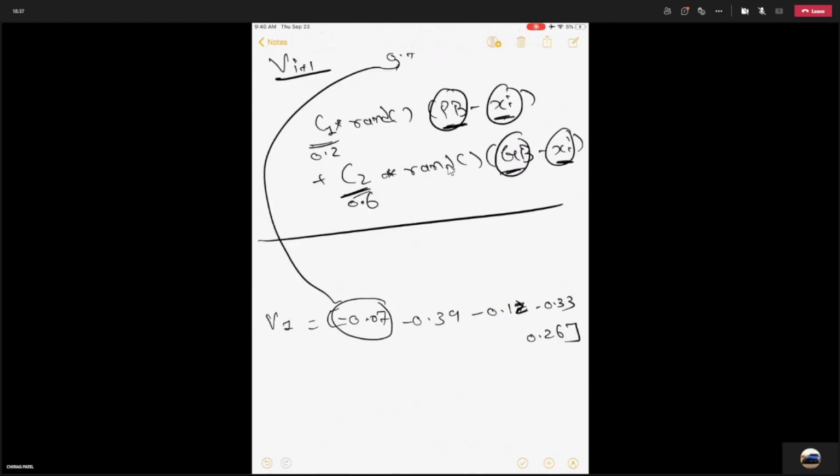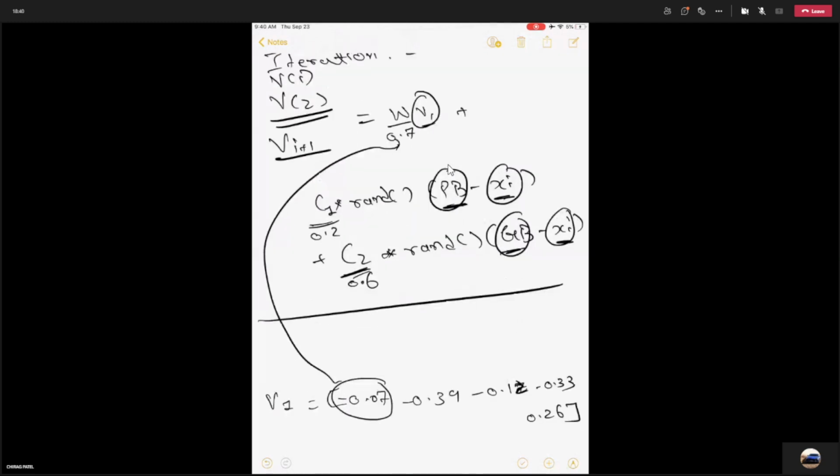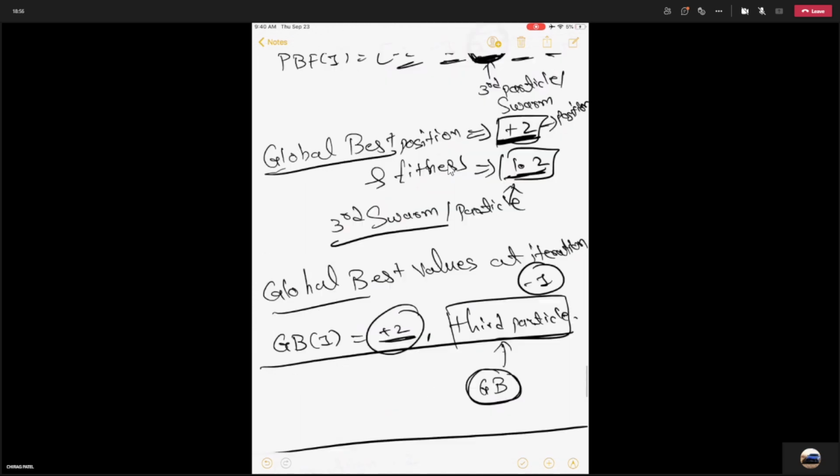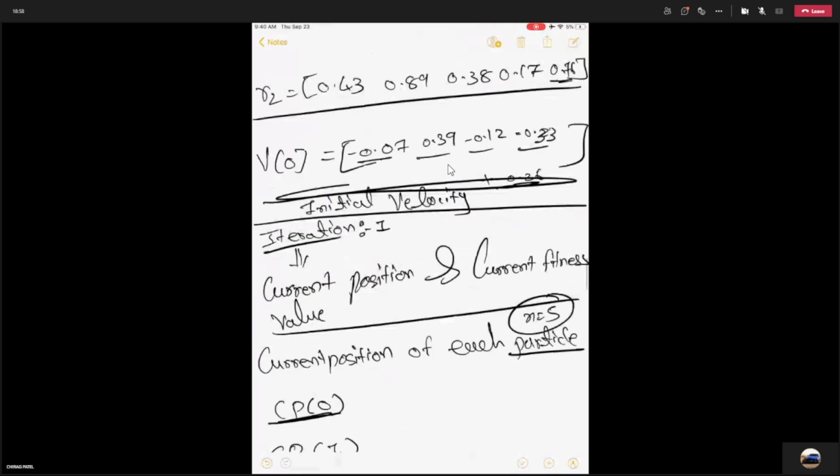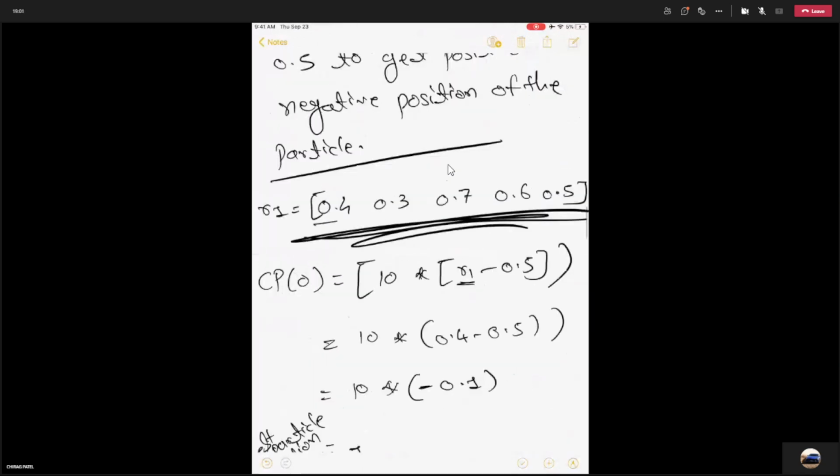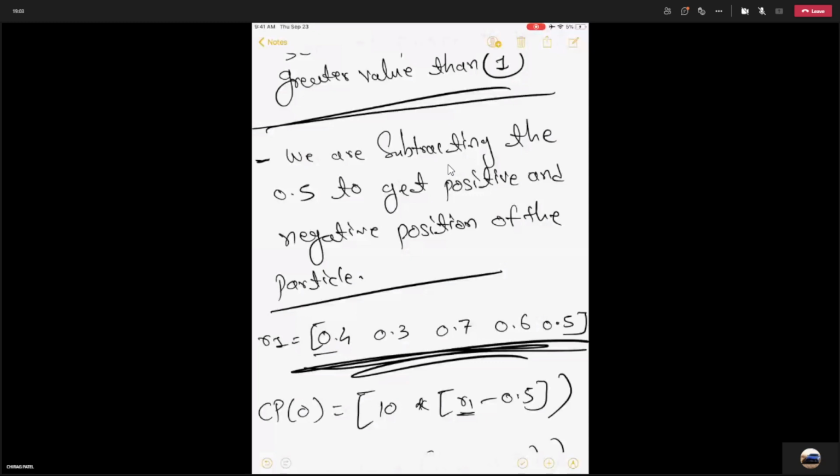If I substitute all the values, it is 0.7 multiplied by v1, which is 0.07, plus c1 is 0.2. Your random numbers for the first swarm, we need to write r1, r2 also: 0.4, 0.3, 0.7, 0.6 and 0.5.